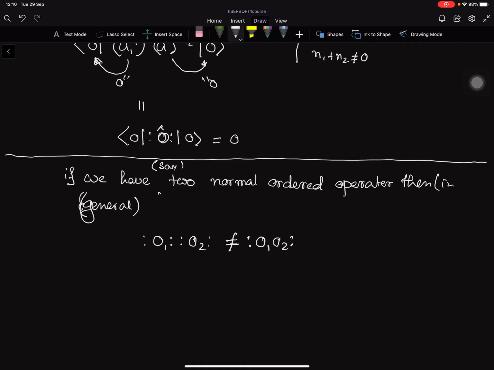And the relation between these two is precisely Wick's theorem.